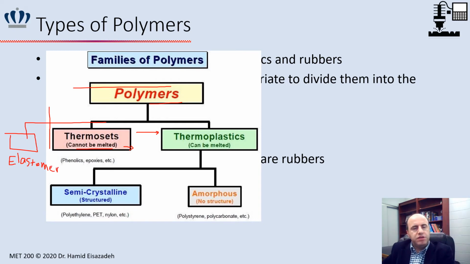Thermoplastics are divided into amorphous and semi-crystalline. I'll discuss this in the next slides. And these materials, as you see here, thermoplastic can be melted and reused, but thermoset cannot be melted, or it's a single-time melting process.